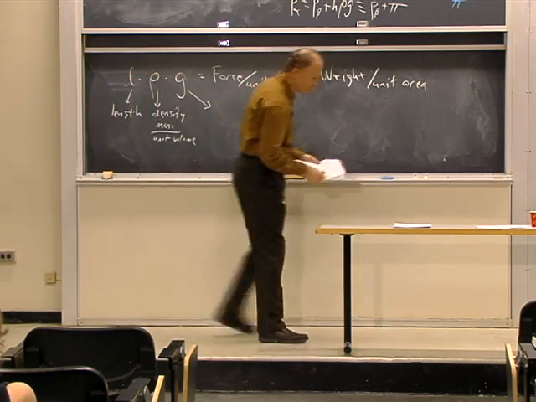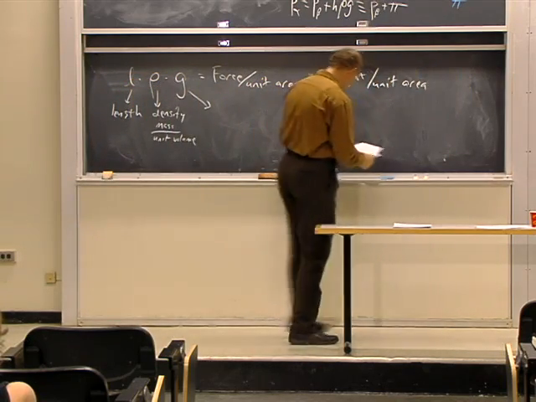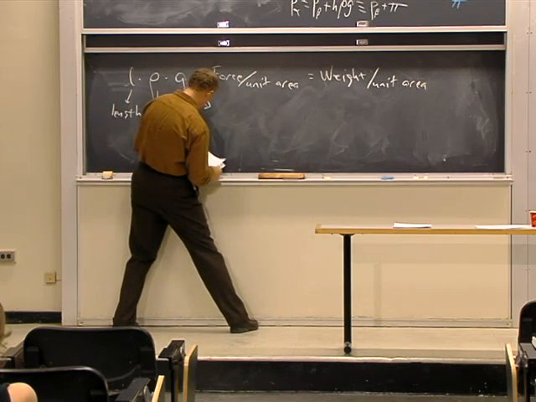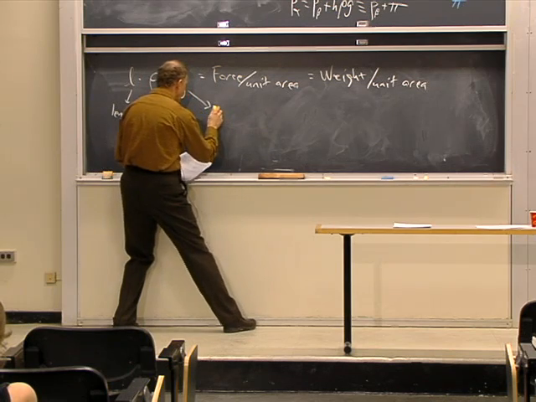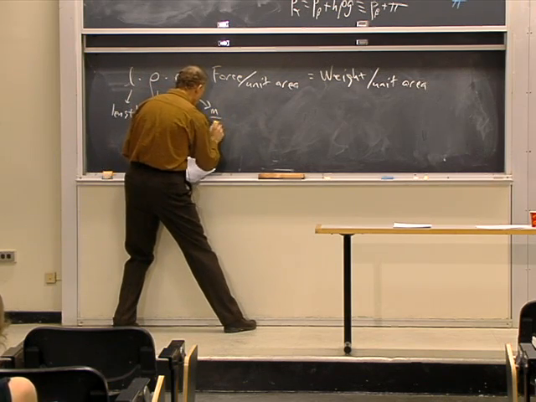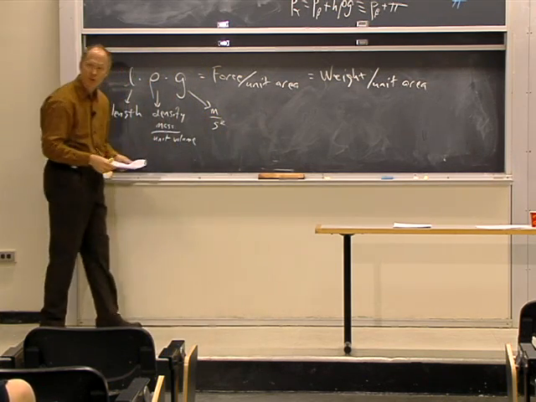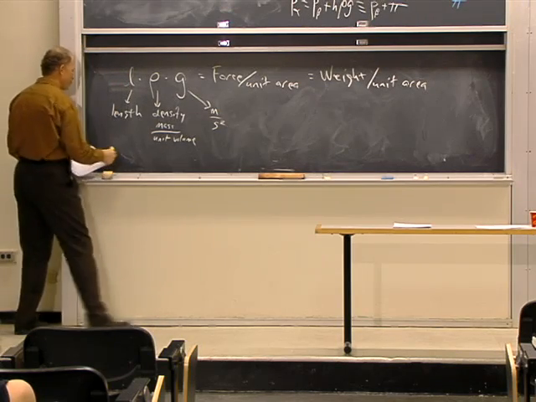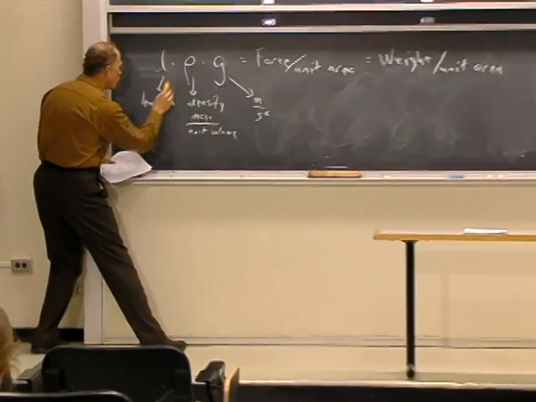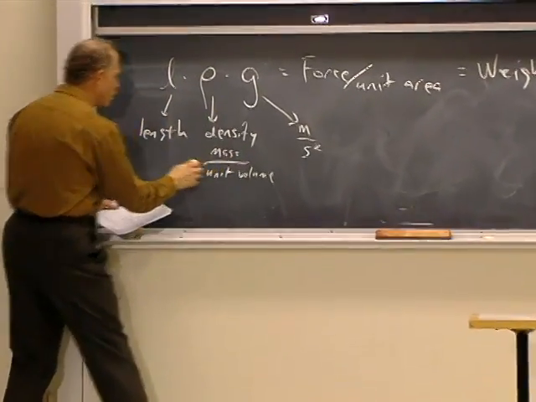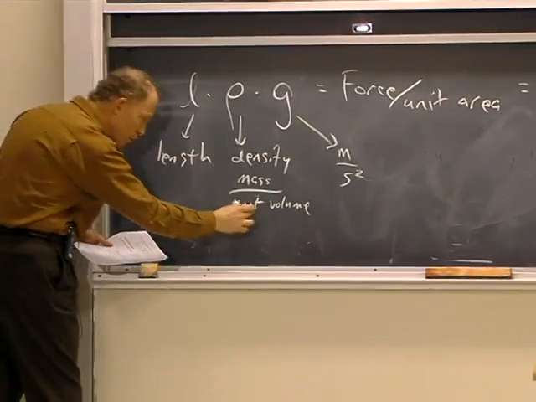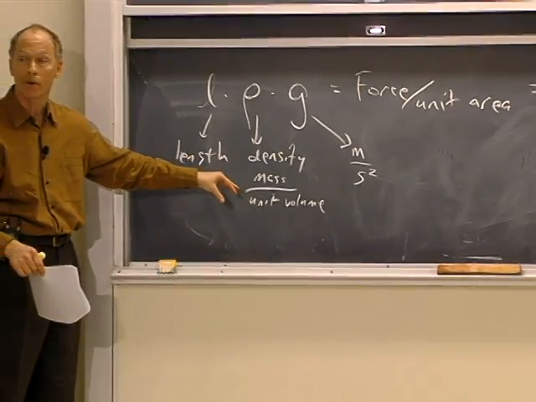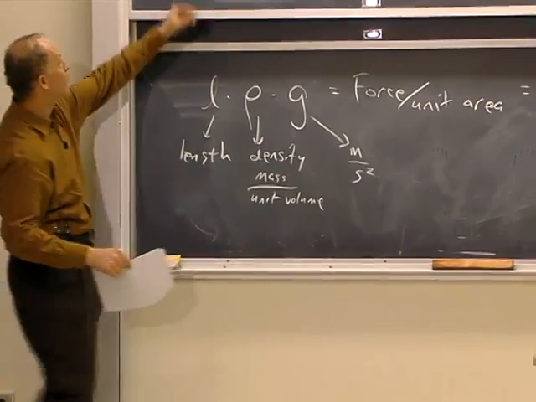And of course, G is just our gravitational force constant, so it'll be in units of meters per second squared. So what's going to happen? If we multiply L times rho together, this is units of length, this is units of volume. What we're going to get then is mass per unit area, right? And that's what it is, of course.